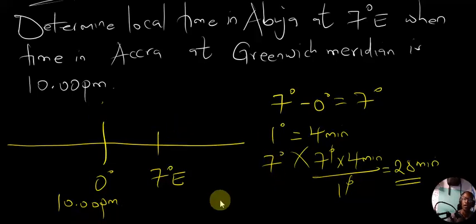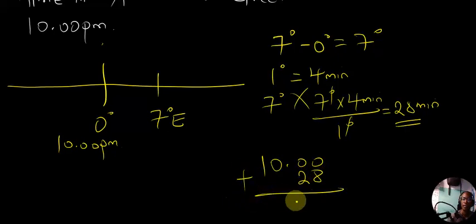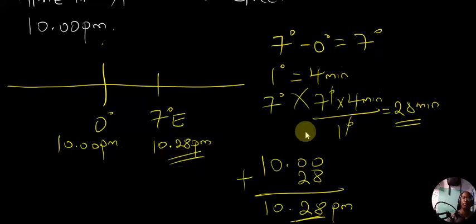So we are going to take 10 p.m. and add 28 minutes. That means our answer will be 10:28 p.m. This will now be the time in Abuja, 10:28 p.m. I hope you have seen the question.